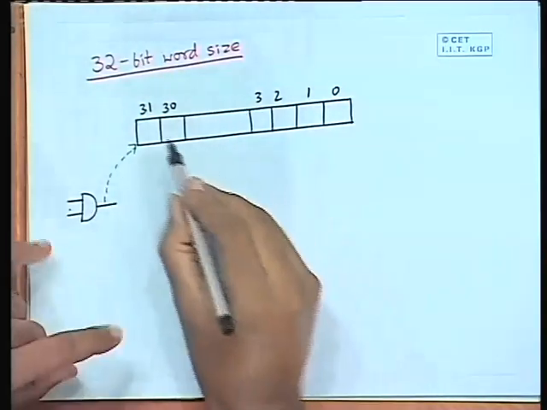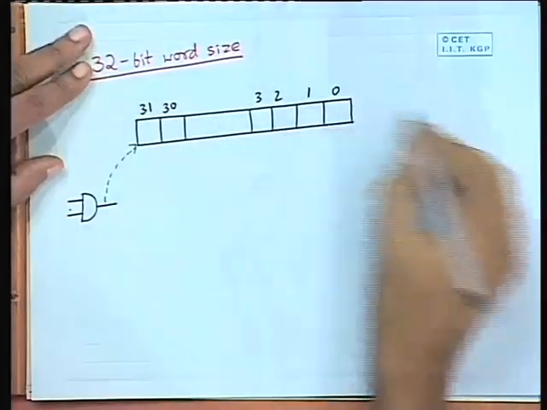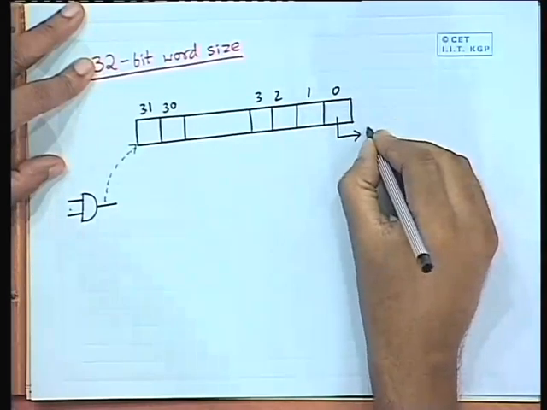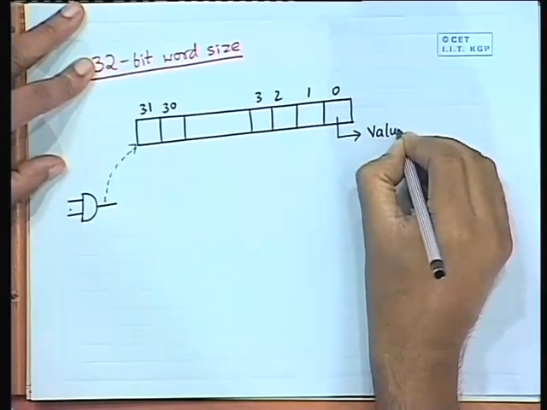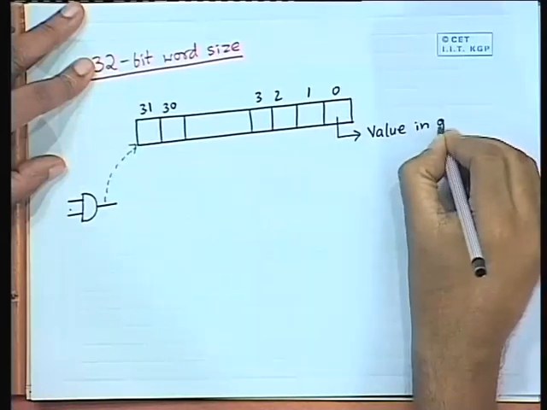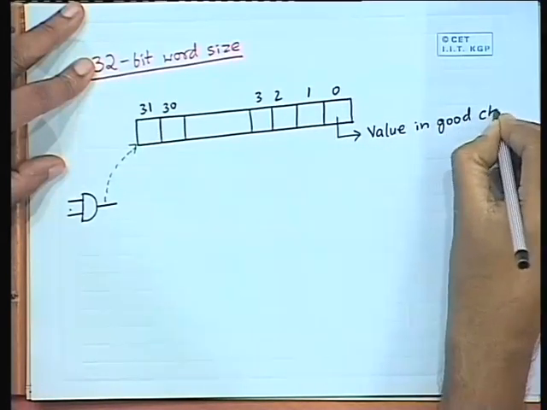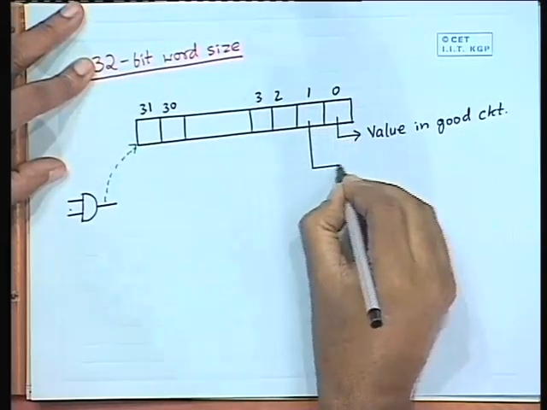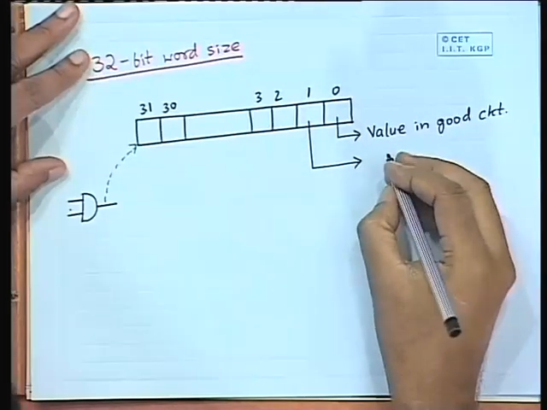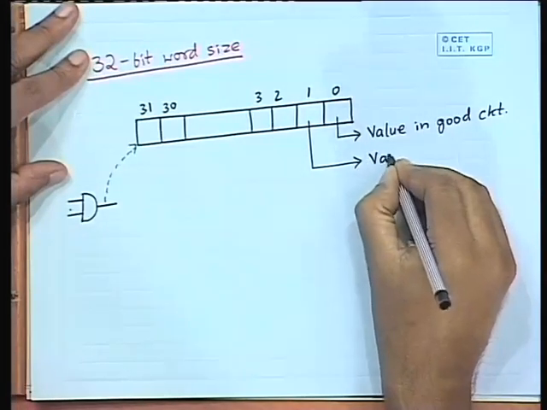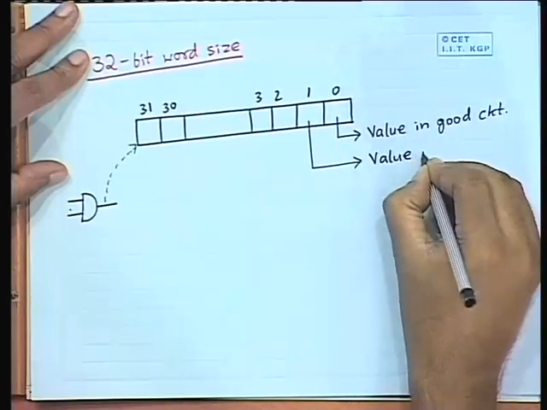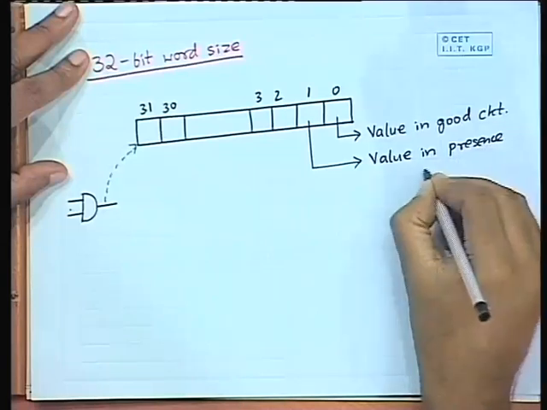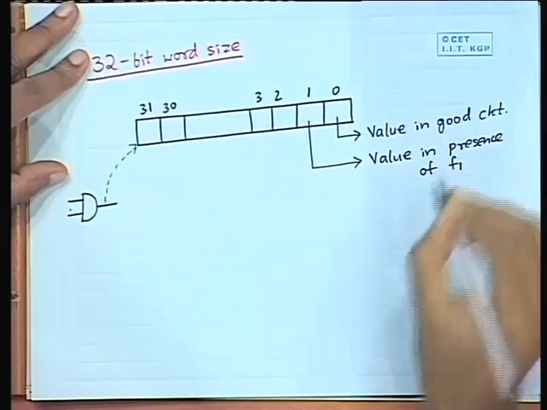So, the significance is that, as a matter of convention, bit number 0 we will be using to indicate the logic value in the good circuit. Bit number 1 we will use to indicate the value in presence of a fault F1.